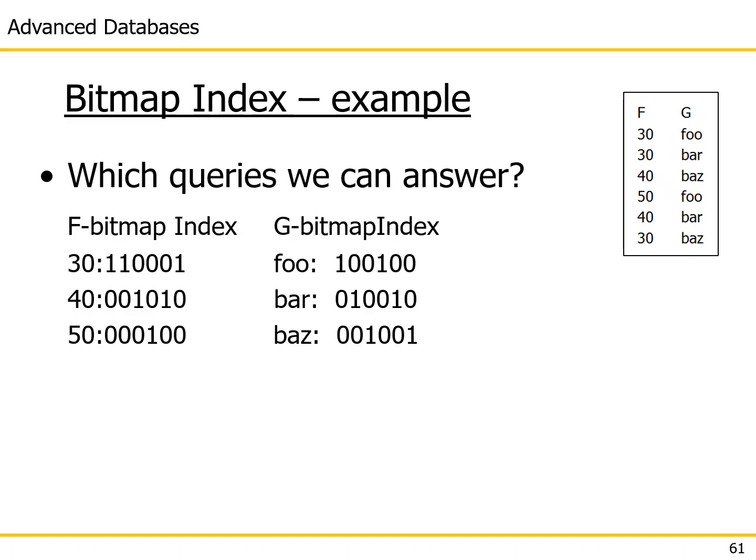If I say select star from where f is less than 50, so I need 30 and I need 40. Either of them will be in my result set. So I'm going to OR all the bits for 30 and 40. Now, that's provided that we can maintain this list of values 30, 40, 50 sorted.